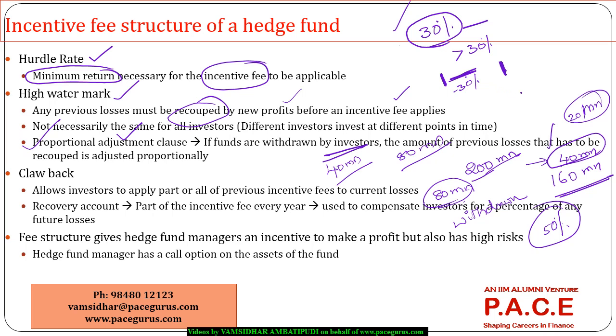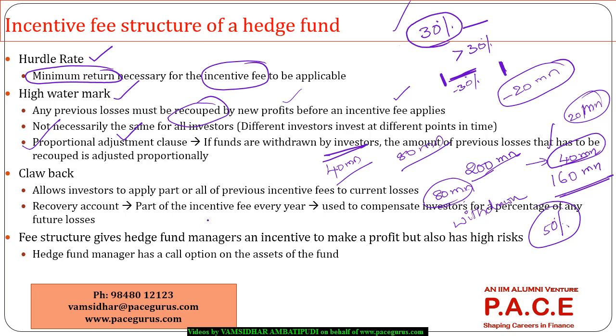So now the fund manager will be eligible for incentive if he has generated a profit above 20 million, anything above 20 million he would be eligible for an incentive. So that is the watermark structure that could be there as a part of the hedge fund.